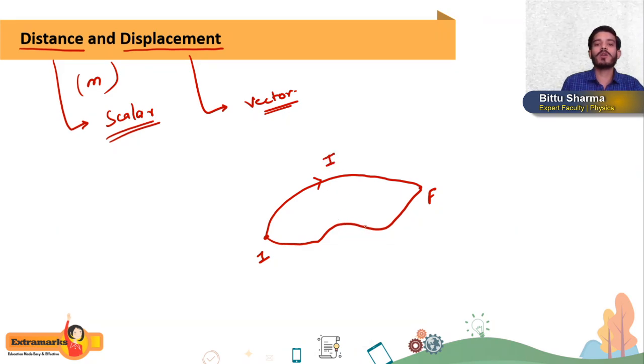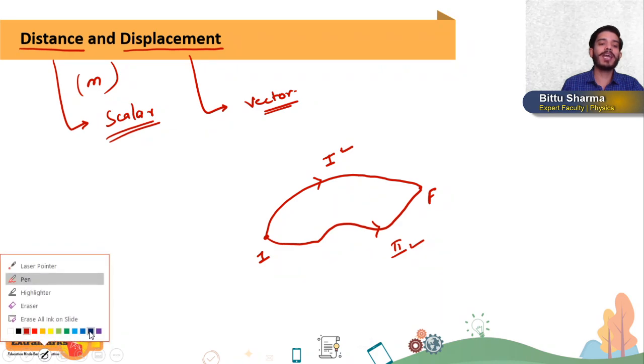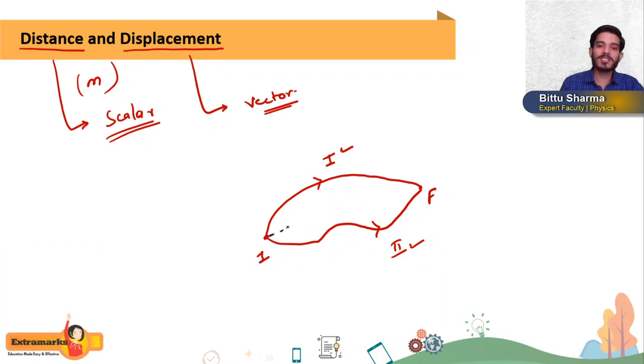If I ask you what is distance, the distance of path 1 as well as path 2 will be different, because distance is the actual length of the path. But displacement will be the shortest distance between the initial and the final position. So this length will be the displacement. Displacement is a vector quantity.